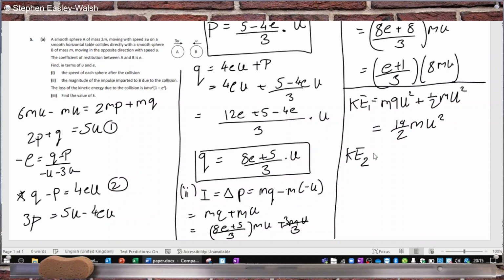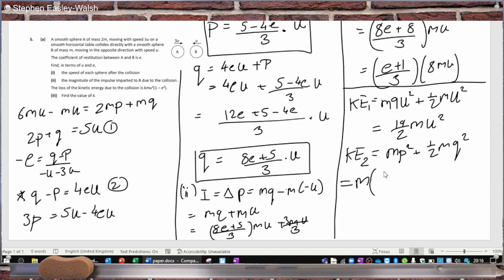Kinetic energy 2 after the collision. That's a half mp squared plus a half mq squared. Okay, so mp squared, and where's p?